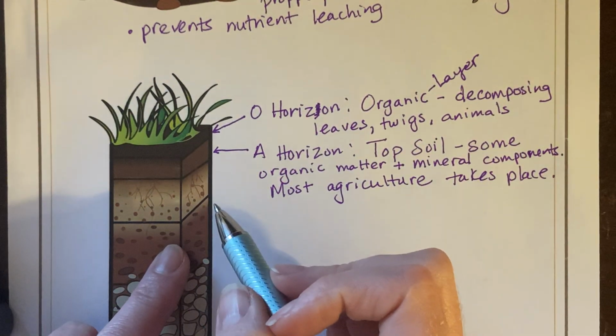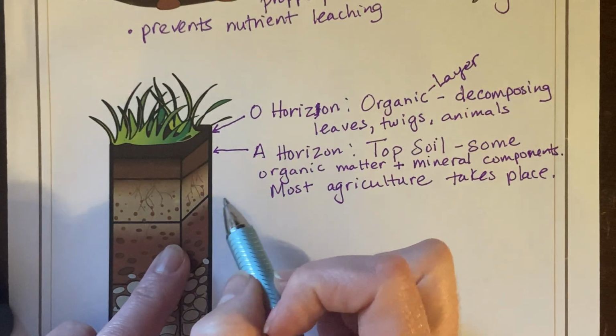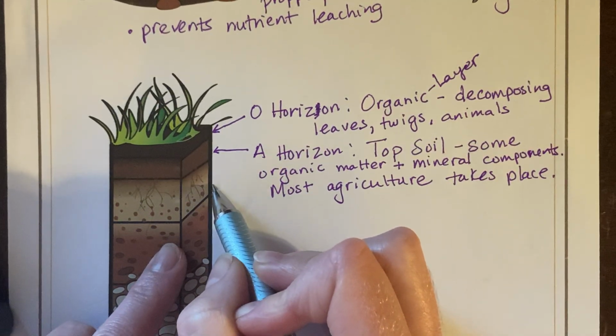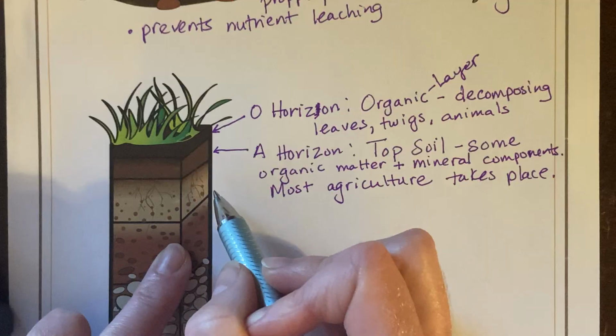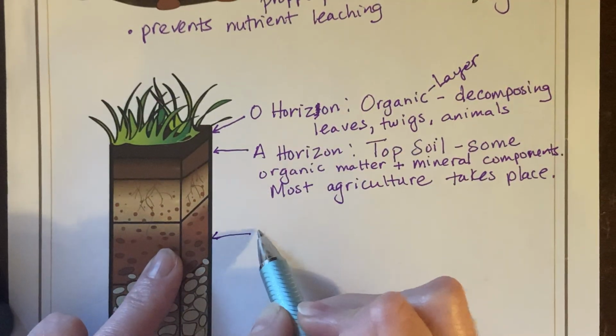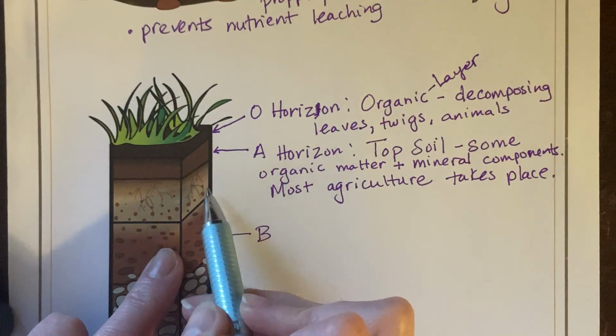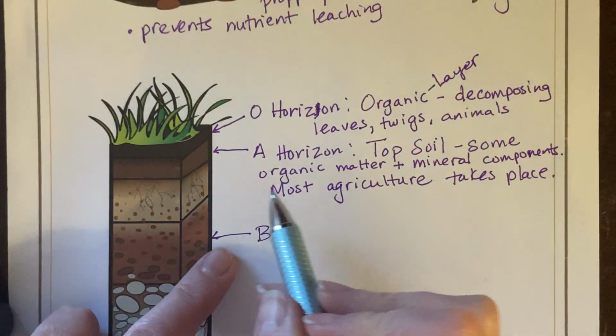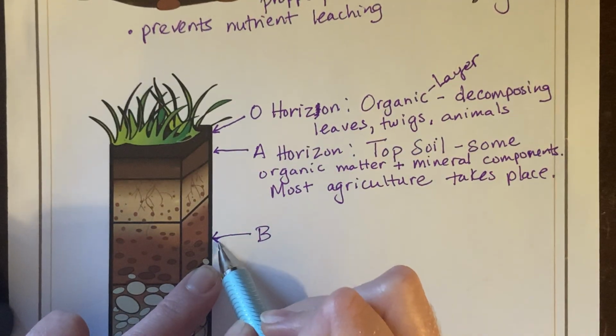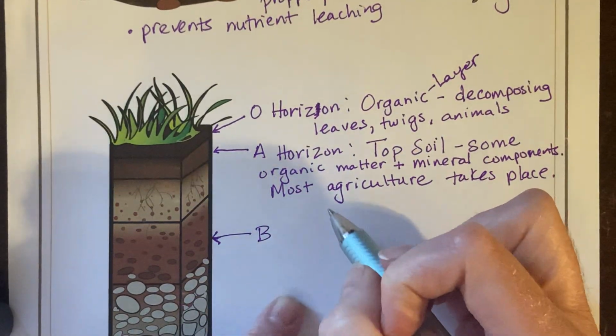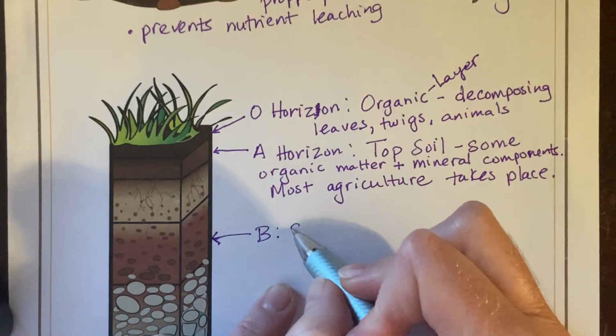All right, so the next thing we have is E, but you don't need to know E, so I'm going to give you B here. So we're going to skip E, and we're going to go straight to B. So B is called your subsoil.